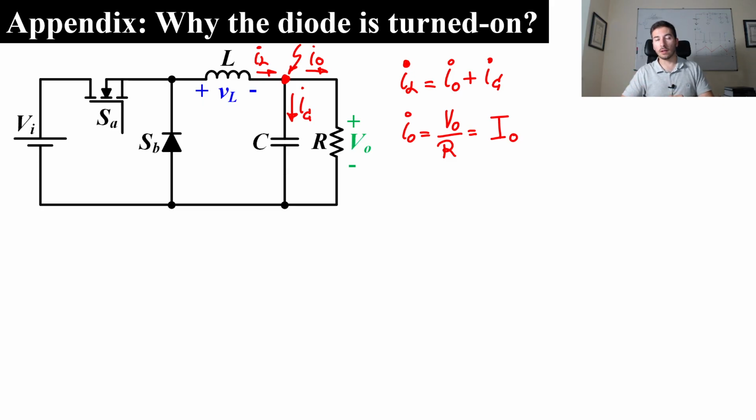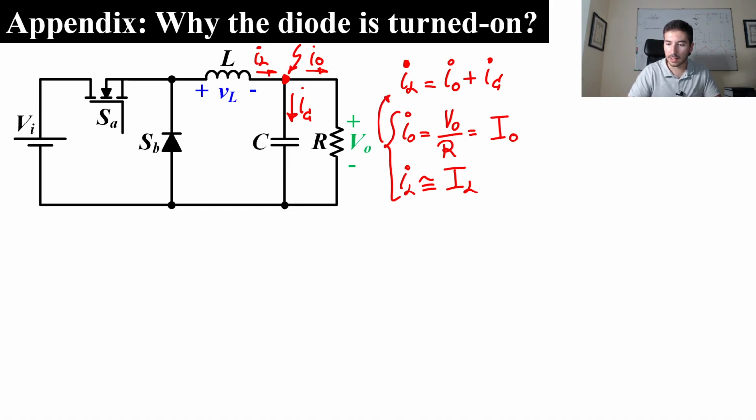Now let's consider one of the points that we assume for applying the method. The inductor current is constant. Remember that we consider that the inductance is very high, so we don't have ripple. So let's consider these two equations here. We can put that first expression in this way.